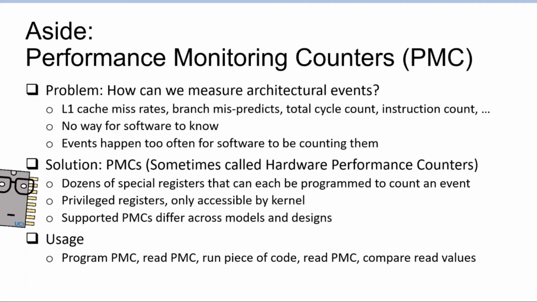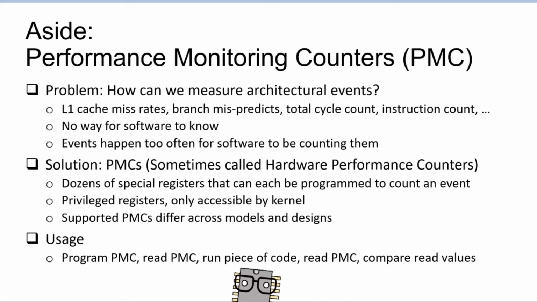And the typical low-level usage of PMCs would be, we program a PMC to keep track of some particular event. We read the PMC to get the original value before we run a piece of code. A piece of code could be a whole program or a function or whatever.